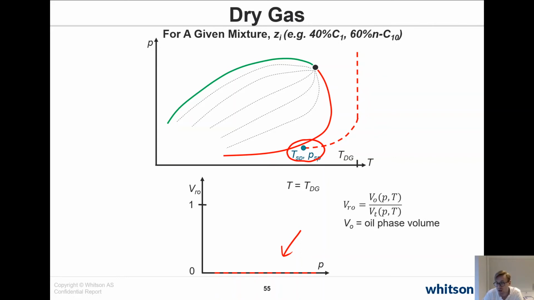Here, that's kind of why we also do separator optimization or facility design and whatnot, to maybe try to get this particular point right here inside of the two-phase region. And why do we want to do that? Well, the reason for that is that liquids are worth more than gas.